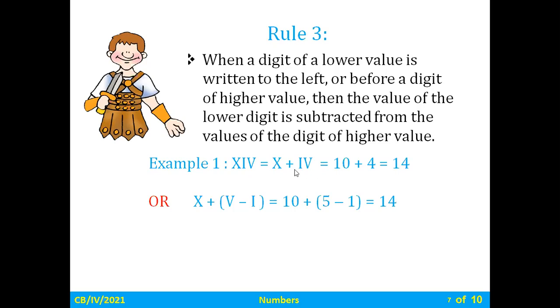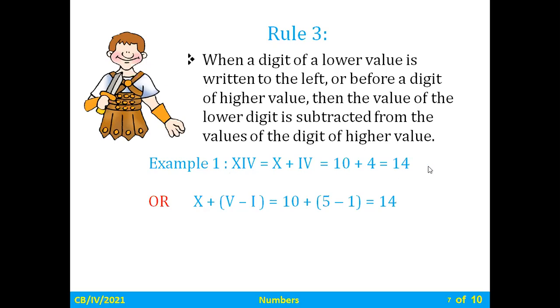That means 1 is subtracted from 5. So here you have that explanation: X, that is 10, plus IV. IV means 5 minus 1. That gives us 4, and 4 is written as IV. So this 14 is written as XIV.